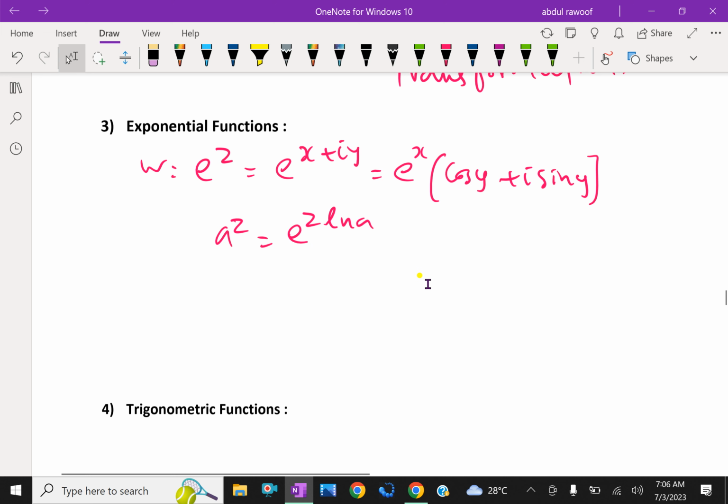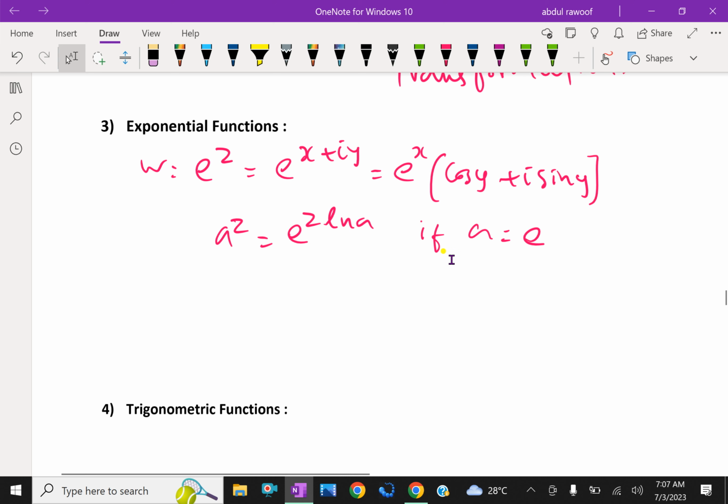This conversion reduces to the familiar form if a equal to e. The complex exponential functions have properties similar to those of real exponential functions.